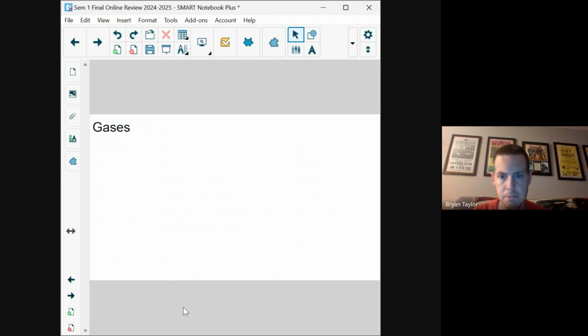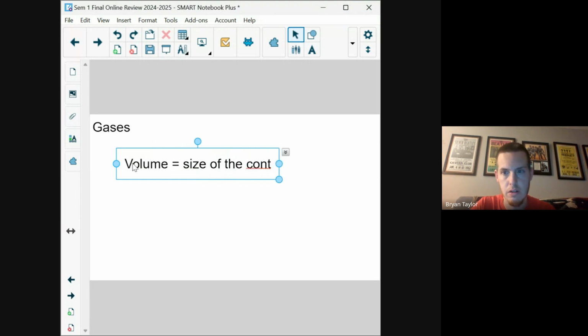So gases, okay, 138. We've got volume, that's the size of the container.